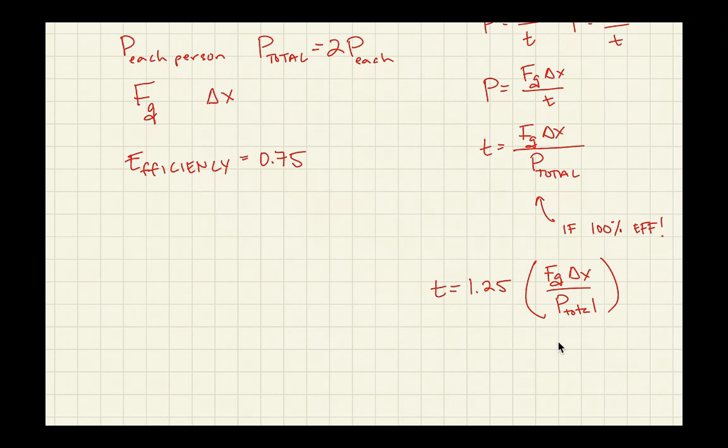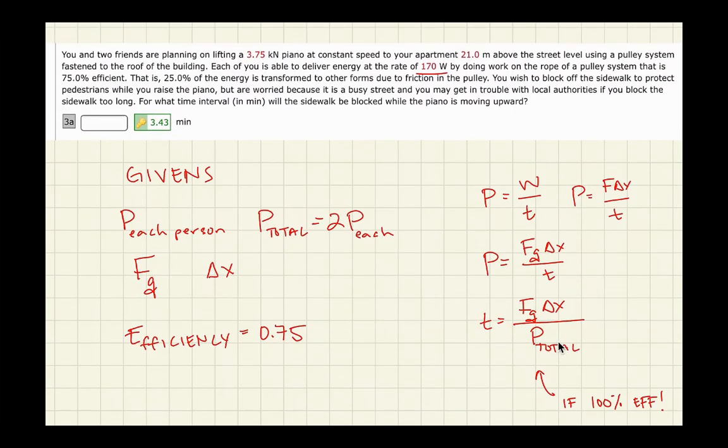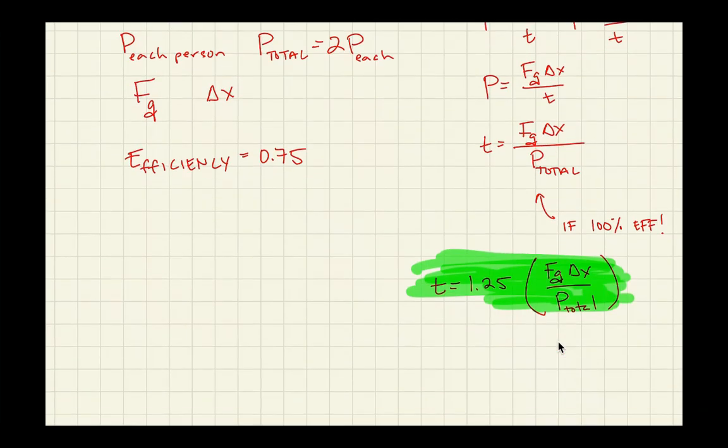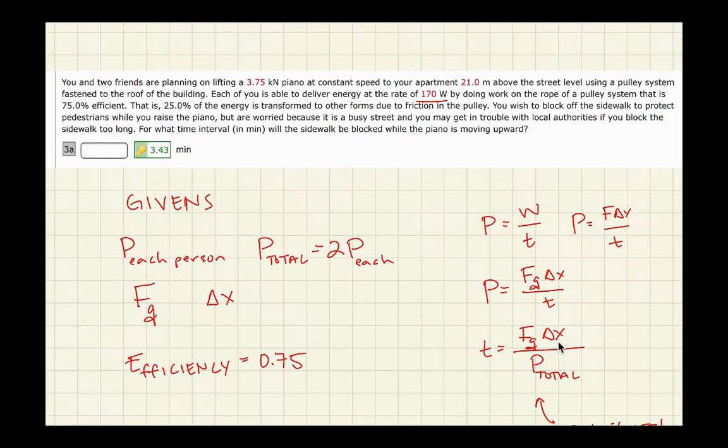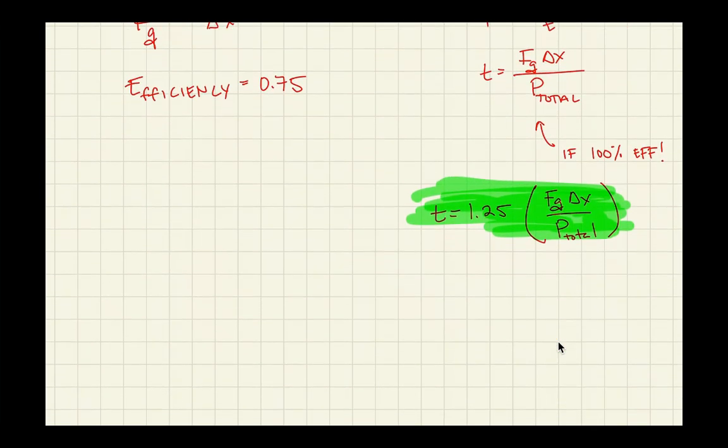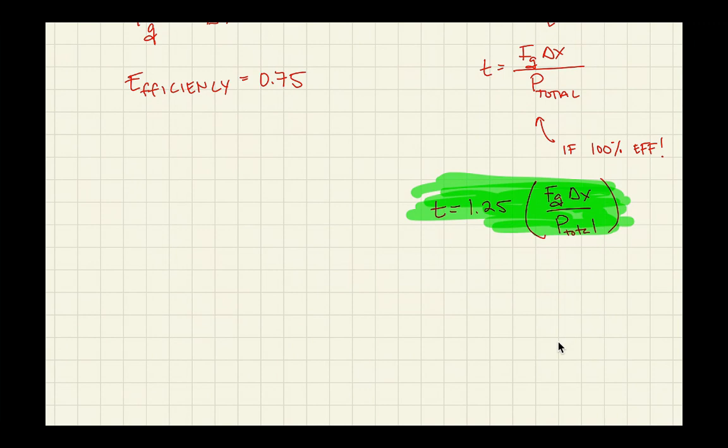That's 25% longer because 25% of the energy I use is being lost. So there would be my final answer. Again, remember that it's asking for this time in minutes. Our power is given in terms of watts, so that's in terms of seconds. So you'll need to convert these numbers. Kilonewtons will have to be converted to newtons, and then my time at the end will have to be converted into minutes instead of seconds.